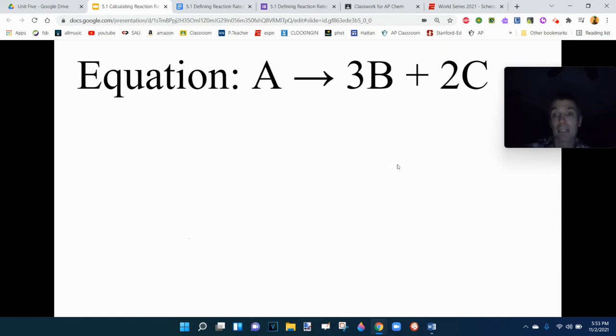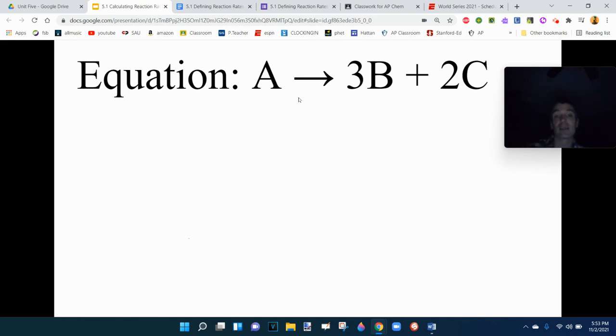Now, to see how these things are related, you're going to need to look at the things in front, the coefficients for the balanced equation. You can see A is 1, B is 3, and C is 2. That means whatever their rates are, they're going to be proportional to each other, just like the molar ratios.